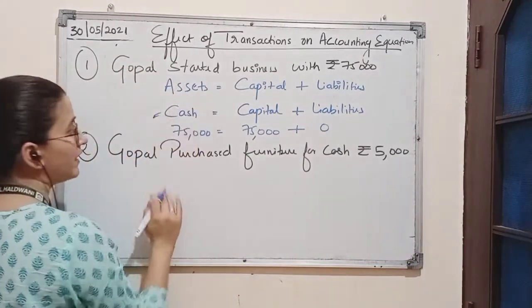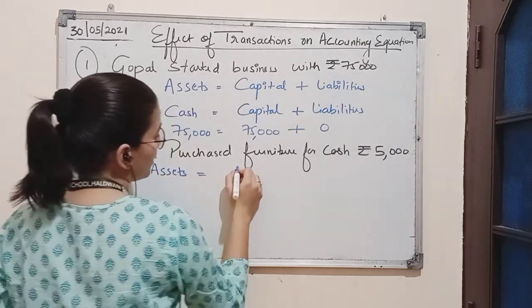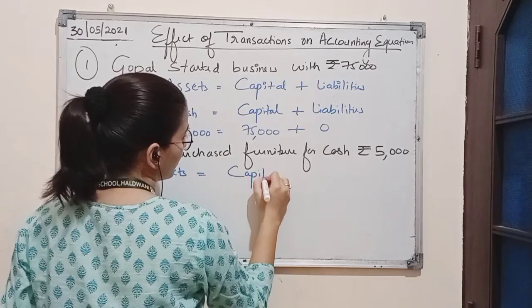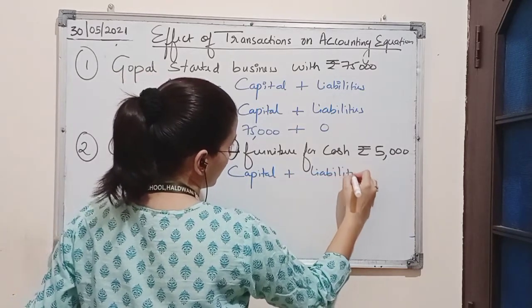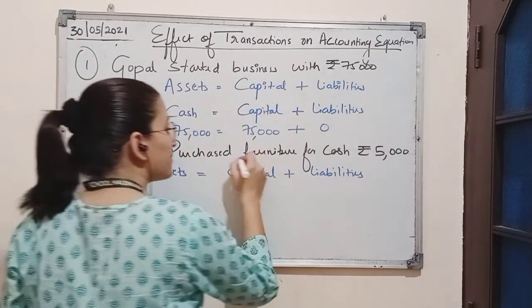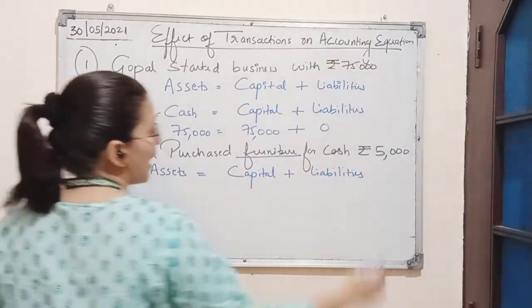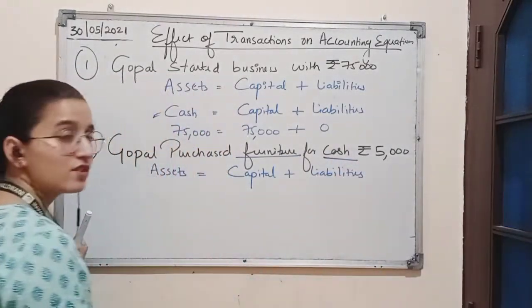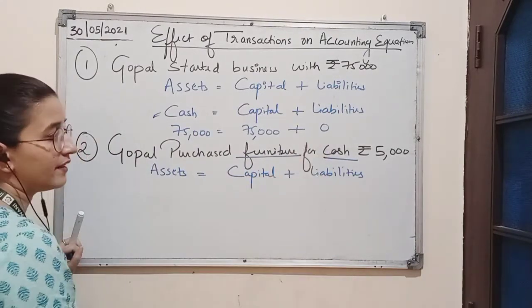So first we will write the accounting equation here. Assets is equal to capital plus liabilities. So here we know Gopal has purchased furniture. Furniture is an asset, it is a fixed asset, and he has purchased this furniture for cash. Cash is also an asset.